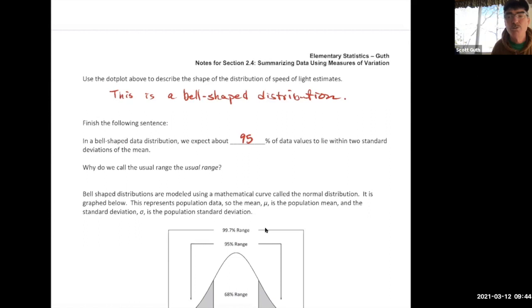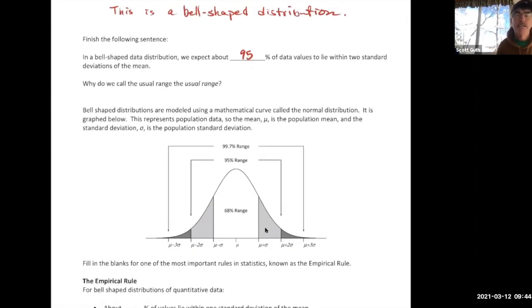Okay, this is normal when you have a bell-shaped distribution. And that's why we call bell-shaped distributions normal distributions of data. So we'll spend a lot of time just learning about the normal distribution, which is the bell shape, the bell curve. And it happens a lot when we work with data, and so it's a really important thing in statistics.